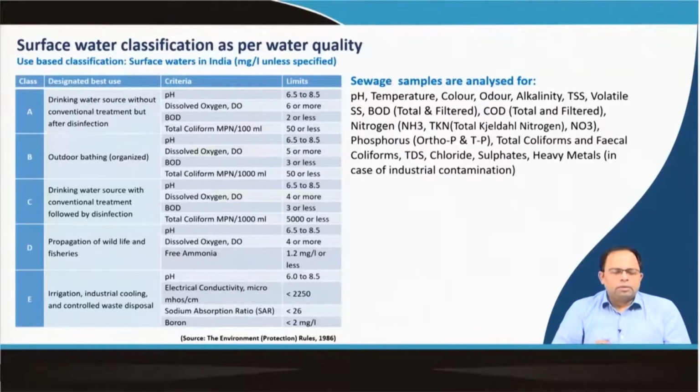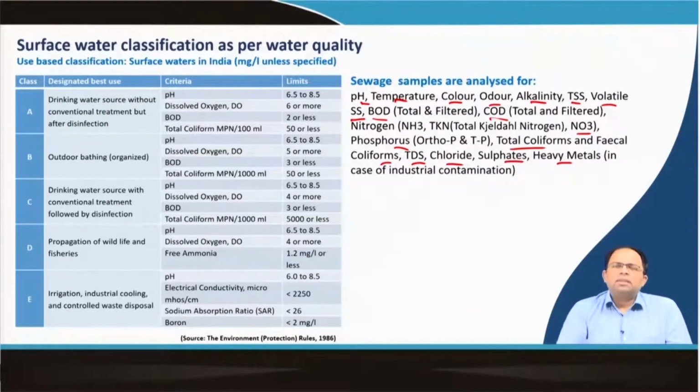This is something similar, where sewage samples can be analyzed for pH, temperature, color, odor, alkalinity, TSS, volatile suspended solids, BOD, COD, nitrogen. Then there is ammonia, then there is TKN, which is total Kjeldahl nitrogen, and nitrates, phosphorus, total coliform and fecal coliform, TDS, chloride, sulfates, heavy metals, and so on.